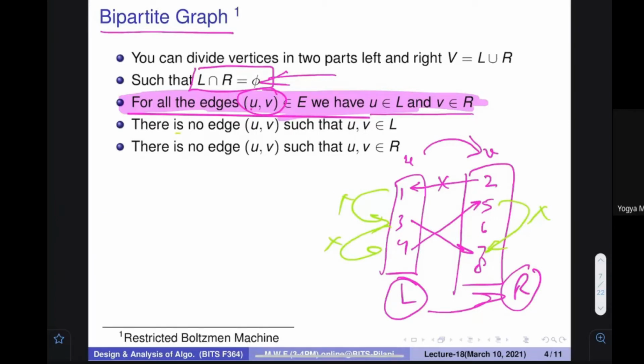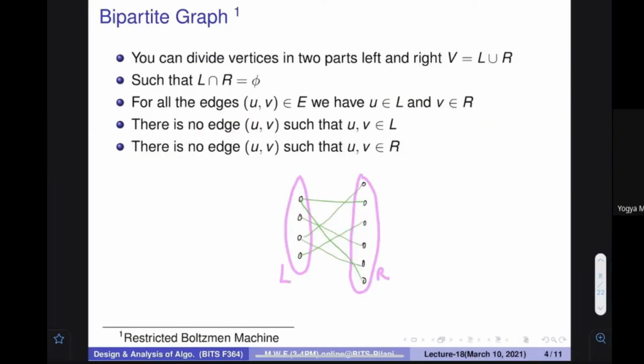There is no edge going from U to V where U and V are both in L, or both in R. Those kinds of edges are also not there. One such example is this. You can very easily verify that they are all directional edges going from L to R. Make sense?